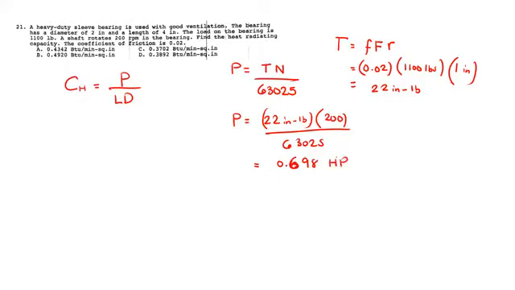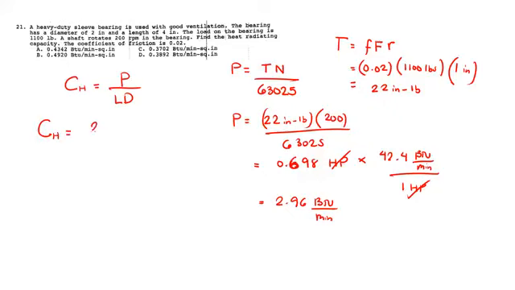Then, i-convert natin into BTU per minute. So, times 42.4 BTU per minute per 1 HP. So, lalabas is 2.96 BTU per minute. Then, saka natin i-substitute dito sa formula ng ating heat radiant capacity.